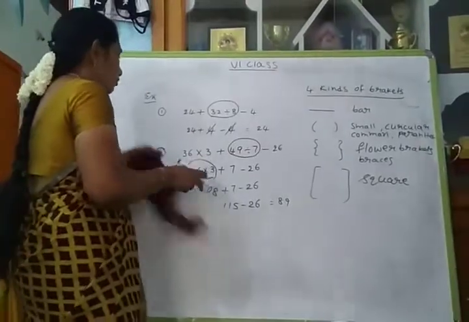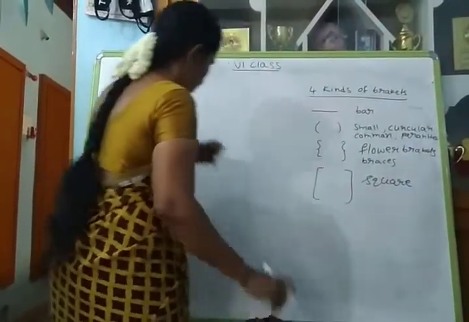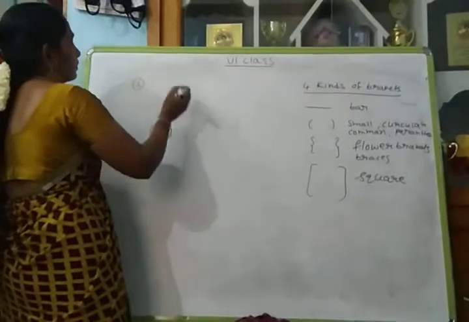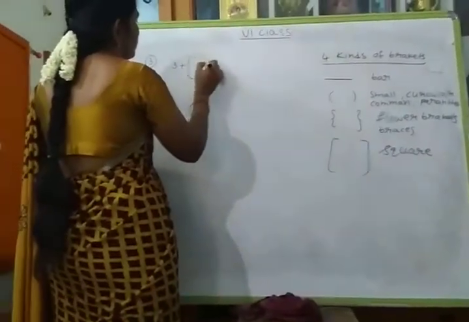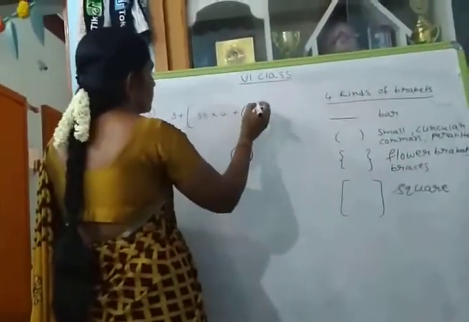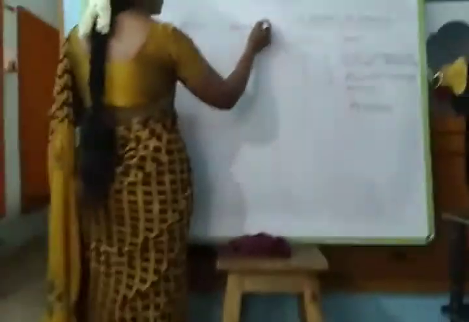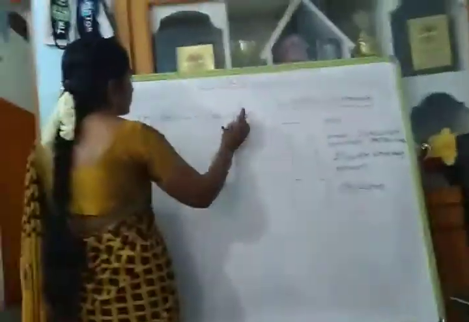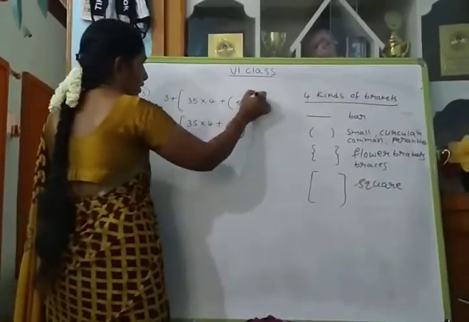Next, if they have given brackets, how will we simplify? Here see two examples. 3 plus 35 into 4 plus, in small bracket I am giving, 56 divided by 8. If they give it like this, first what you have to do: 35 into 4 plus, first the small brackets we have to remove.